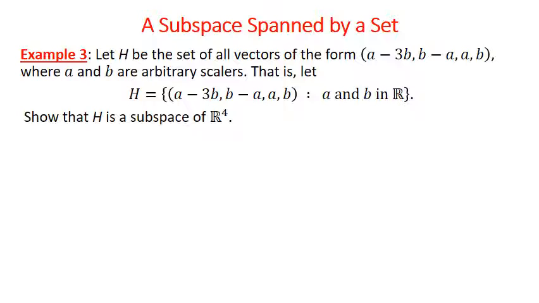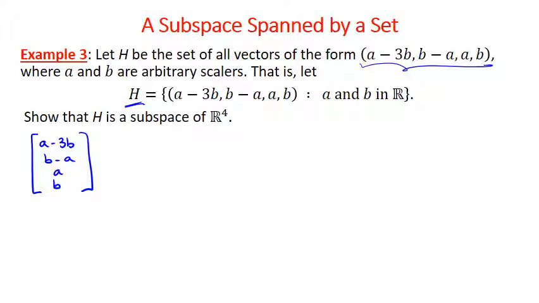It says, let H be the set of all vectors of the form given to you here, where A and B are just arbitrary scalars. I have written H as the set here, and we want to show that H is a subspace of R4. In order to do that, we first want to write H as column vectors. I can write H as (A minus 3B, B minus A, and B).